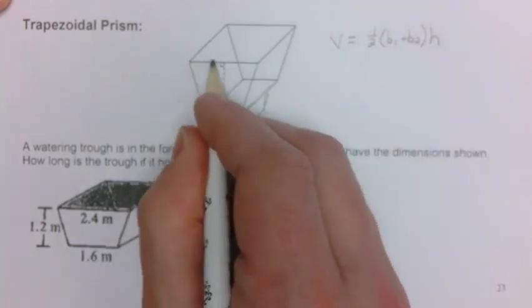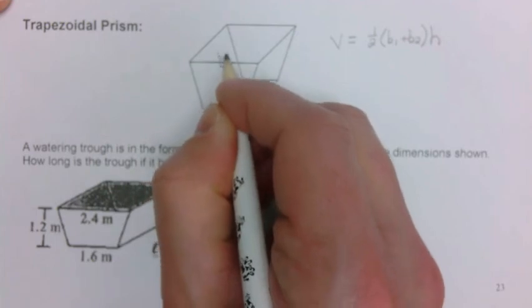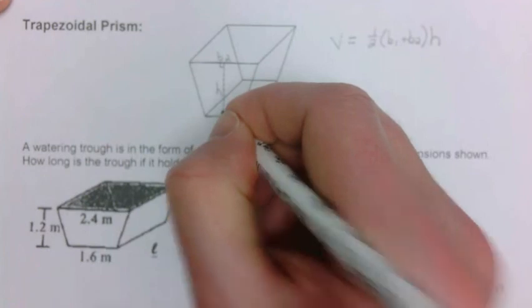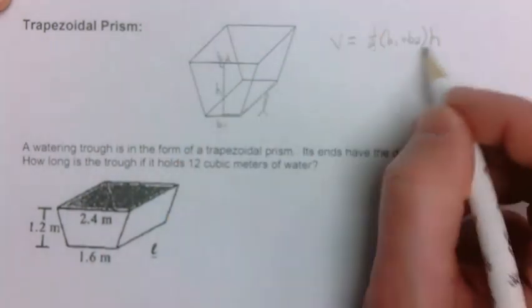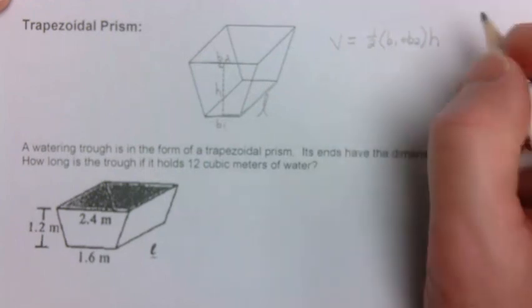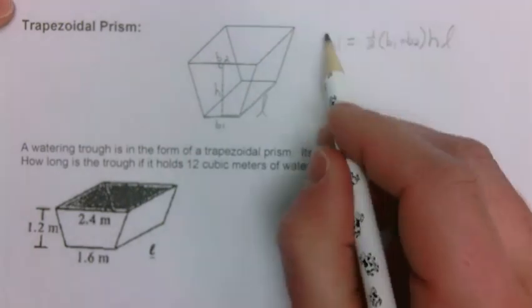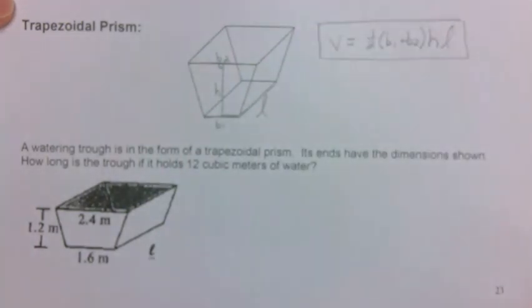Remember that the bases on the trapezoid are the two parallel sides, so that's going to be base 1 and that can be base 2. The height is perpendicular to both of those. So that would be the area of one of the trapezoids. And then to get the volume at the end, I just have to multiply by L, the length. So this is the formula that you would use to find the volume of a trapezoidal prism.